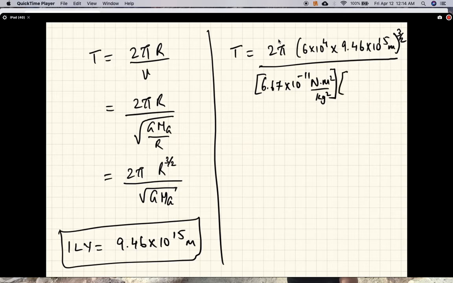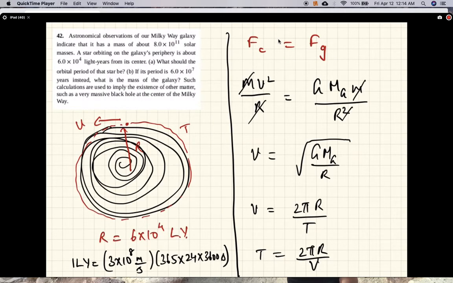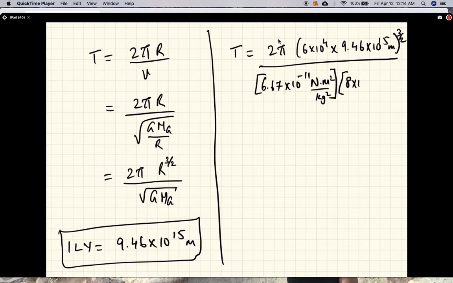And the mass of the galaxy: the galaxy has 8 times 10 to the power 11 solar masses, suns, and the mass of each sun is, let me look up the mass of the sun, 2 times 10 to the 30 kgs.